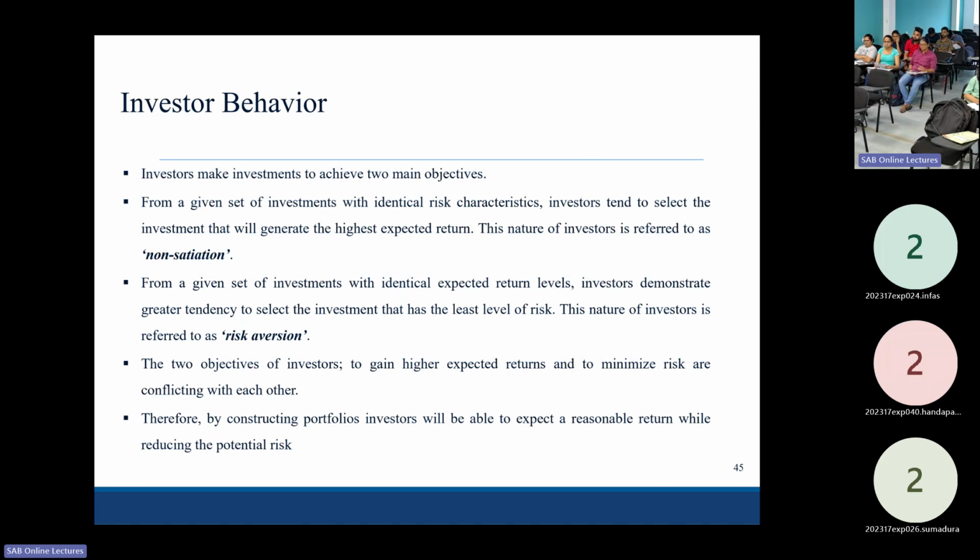So by constructing a portfolio, what you expect is to minimize risk and maximize return, or to make a maximum return at a minimum level of risk. Because you know that if you put all eggs in one basket, once this basket falls, all your eggs will be destroyed. Like people at that time invested in the subsidy.